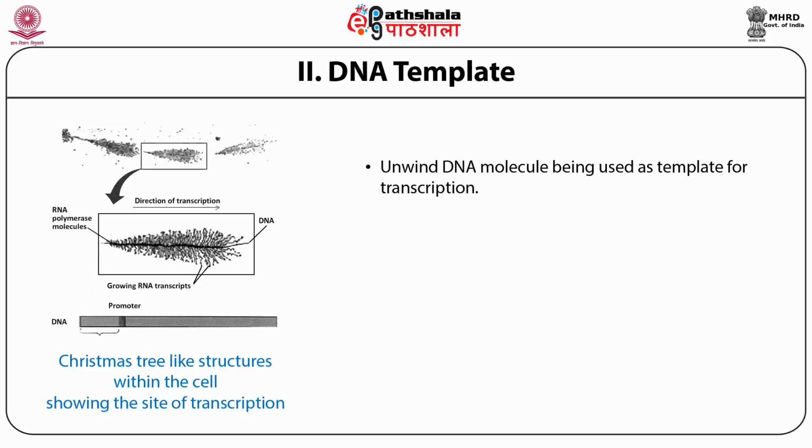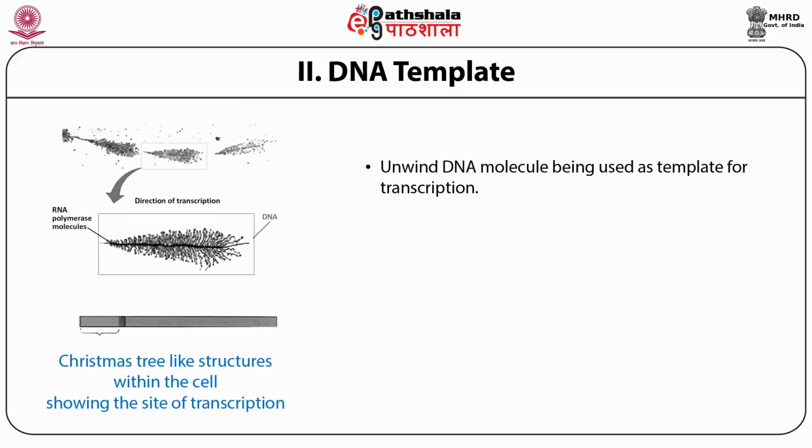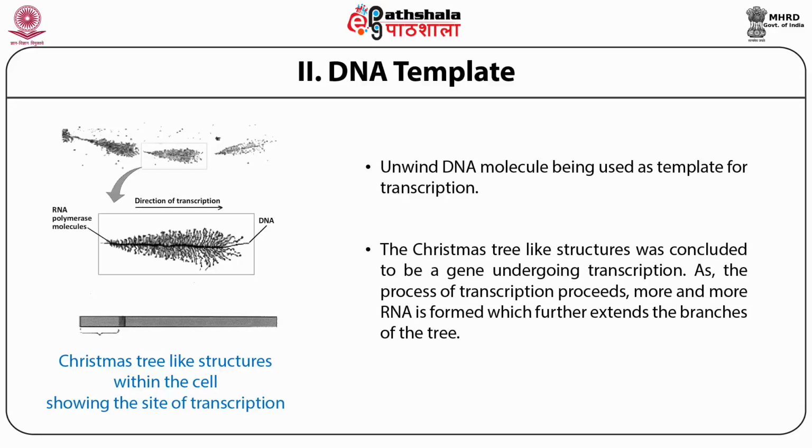When deoxyribonucleases were added, breakdown of the central fibers was observed, indicating that the tree trunk was DNA molecules. Ribonucleases removed the granular strings, indicating that the branches were RNA. The Christmas tree-like structure was concluded to be a gene undergoing transcription.